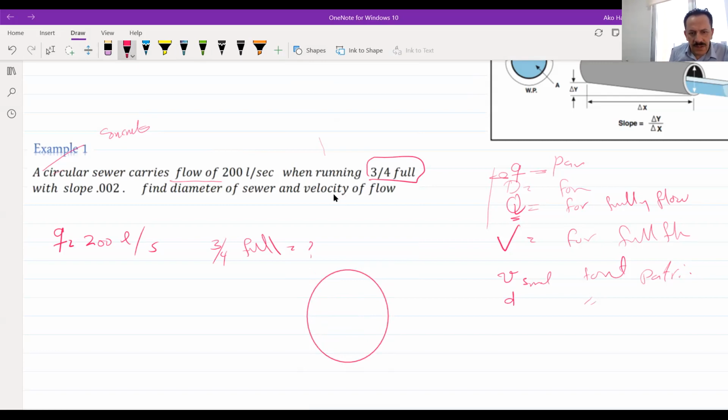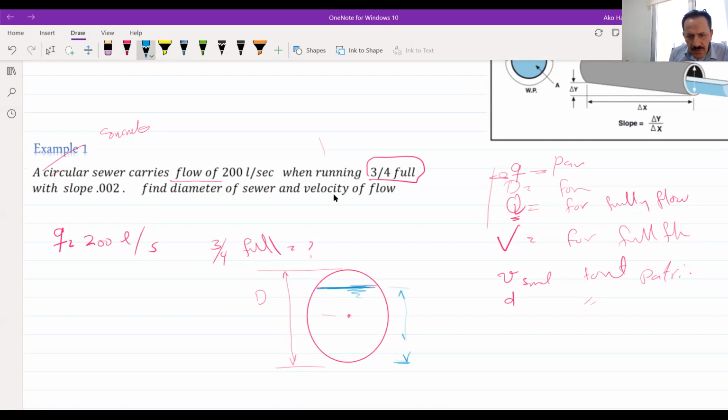So it means that this is the diameter, the capital D, and this is the center of the sewer. So here's the level, and it will be the depth of flow.